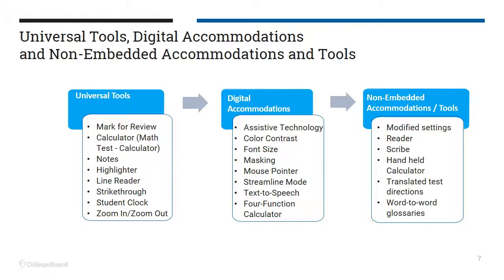In addition, it will be necessary to document in the TIDE system any non-embedded accommodations and tools that will be administered, such as modified settings, use of a reader or scribe, handheld calculator, translated test directions, word-to-word glossaries, etc.